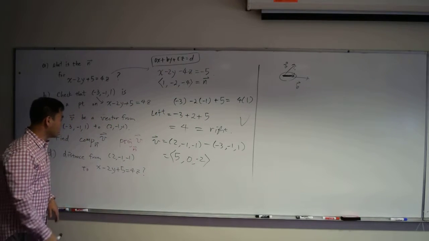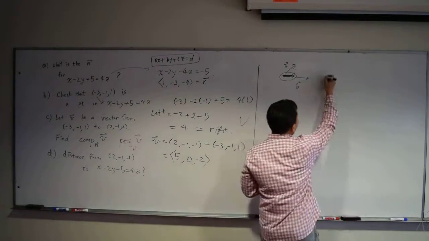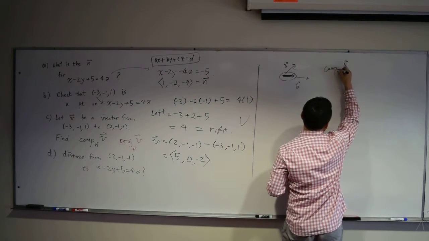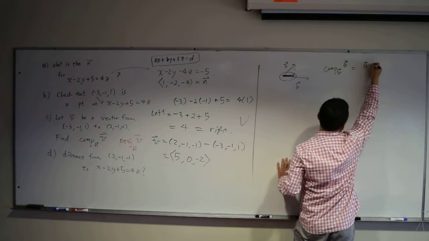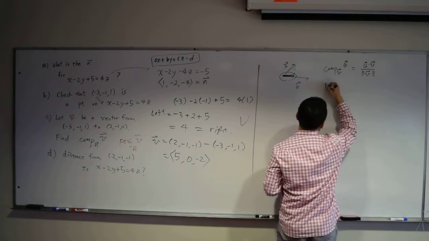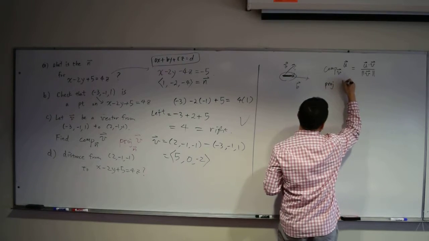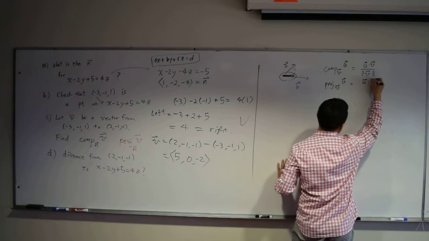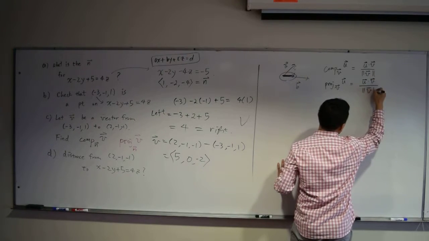And the formula is, component of u onto v is u dot v over the magnitude of v, and projection of u onto v is u dot v over the magnitude of v squared, times v.